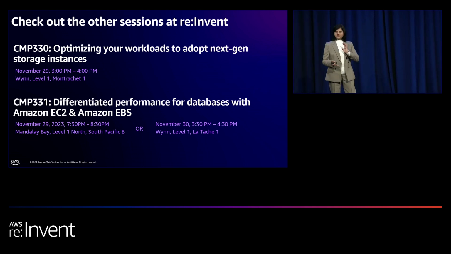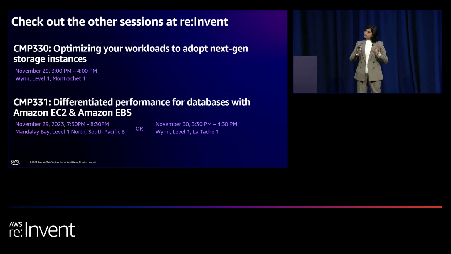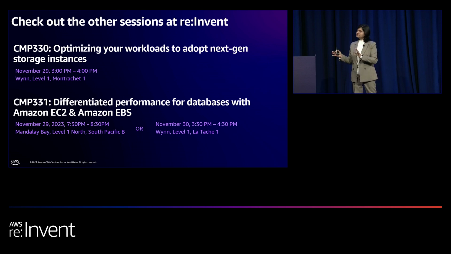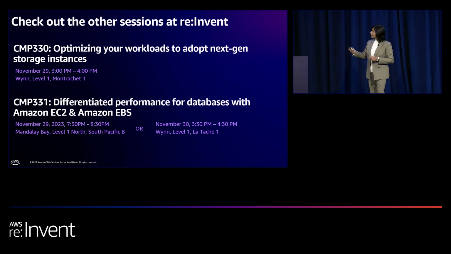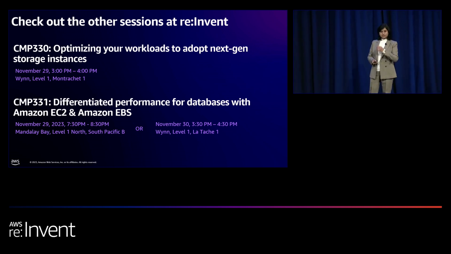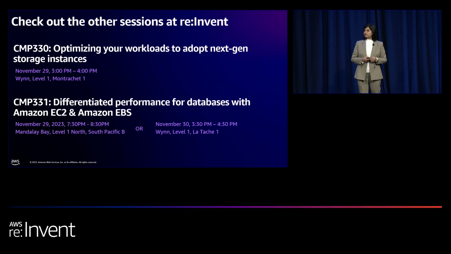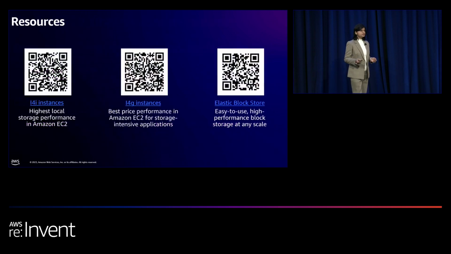What type of cluster sizing works for you? How do you optimize your workload to get the best price performance out of these available choices? That's what I will be talking about there. The other session is about Amazon EBS and differentiated performance with databases. Aaron will be covering that in another session this afternoon, I think, and also tomorrow. So there are 2 sessions for that. Please make sure to check out those sessions.